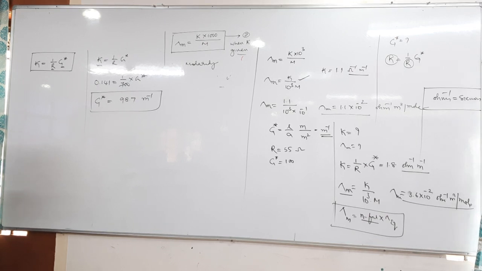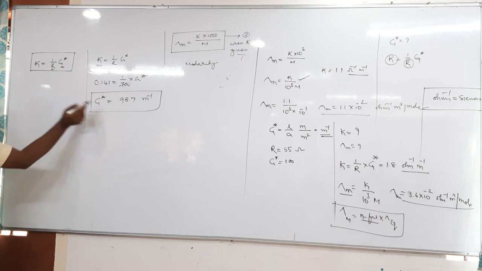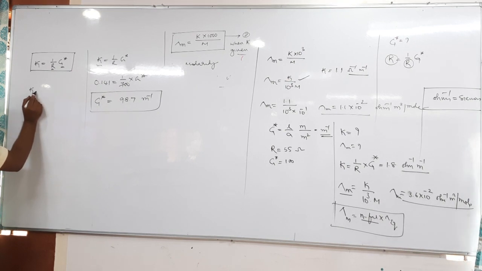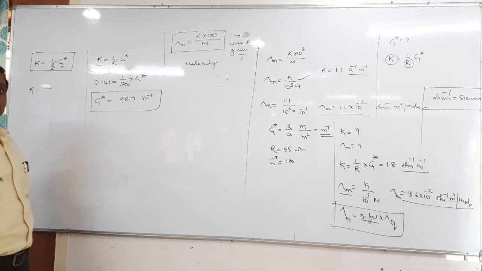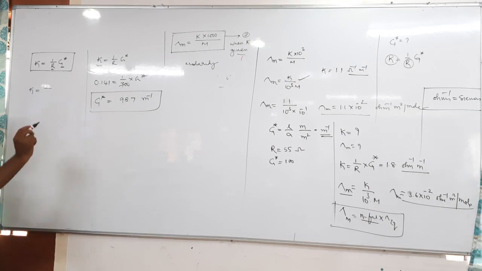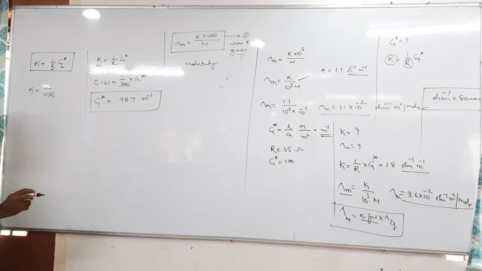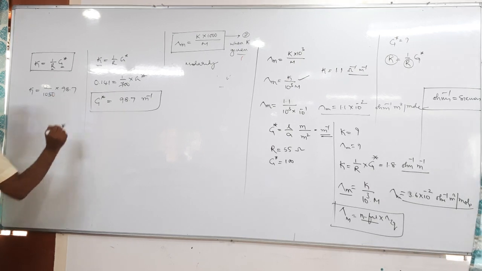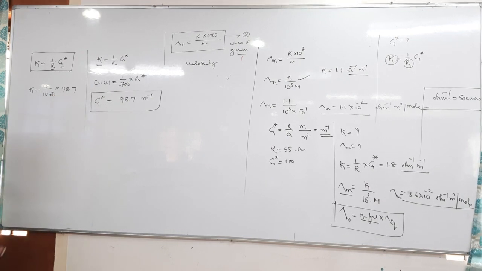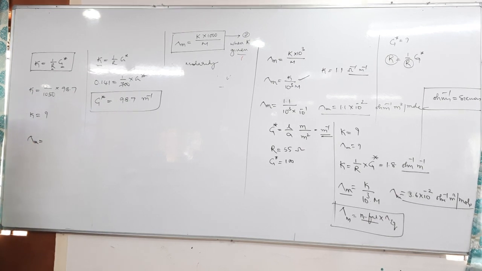Yes or no? Next, now we got G star, and we substitute that G star here. K equal to 1 by R. Now in the second experiment, the R value changed. What is the R value? 1050, into G star 98.7 that we got in the calculation. Then we get the K value. From the K value you can calculate lambda m.